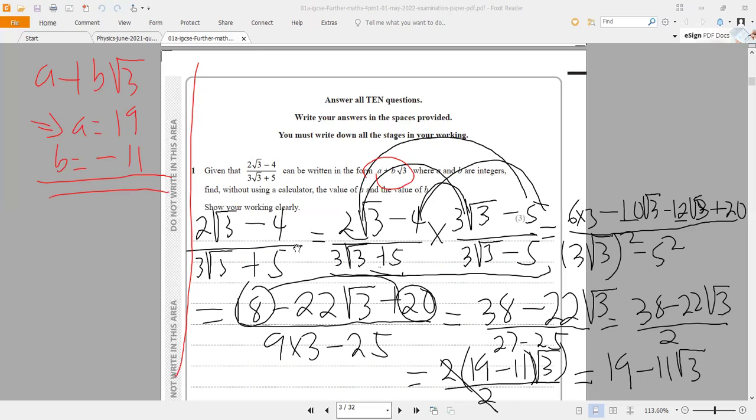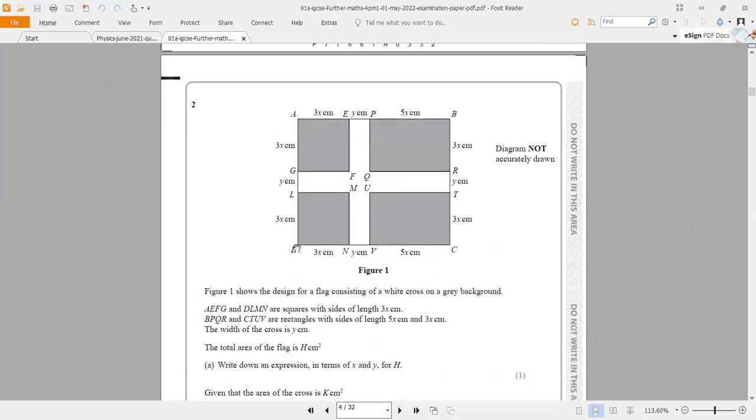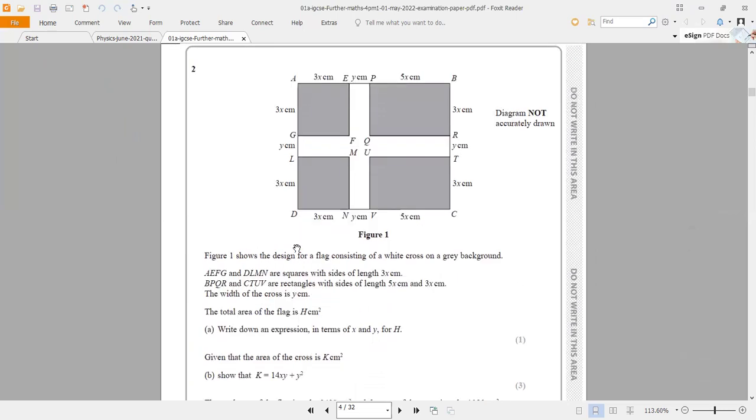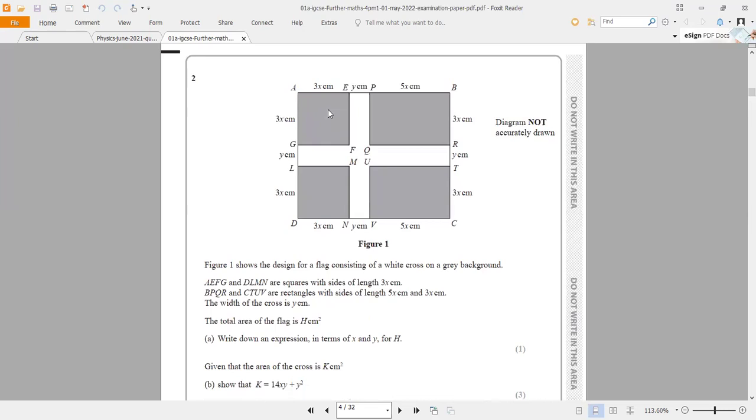The next question, question number 2. Figure 1 shows the design for a flag consisting of a white cross on a gray background. Let me bring it down a little bit. A, E, F, G and D, L, M, N are squares, referring to these two.